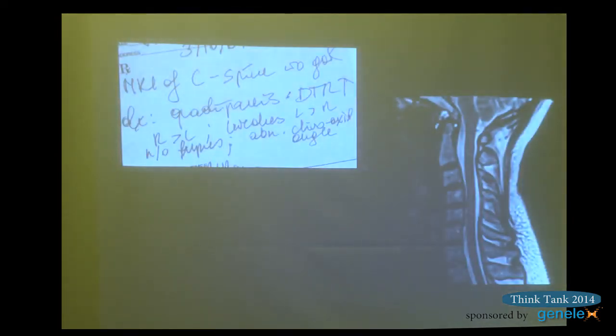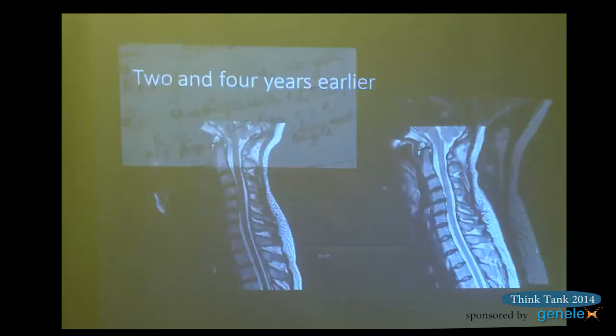Another person. This person came to me with quadriparesis, increasing deep tendon reflexes, weakness, and she's got 130 degrees. There's reversal of cervical lordosis. I question that the cord is draped or pushed against the back part of the front part of the spine.